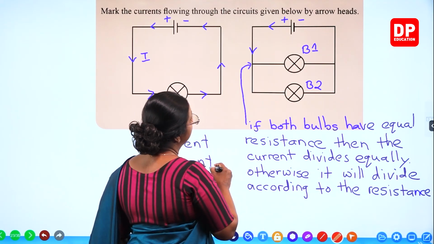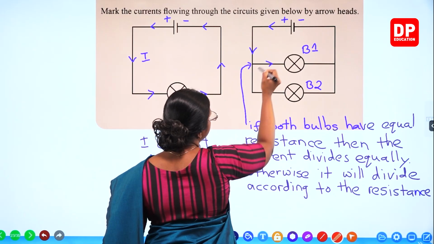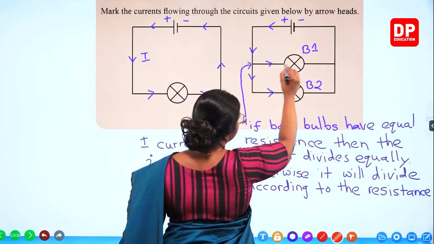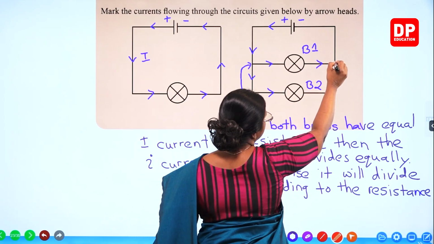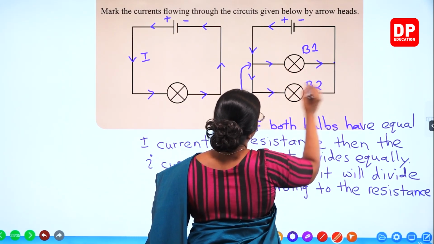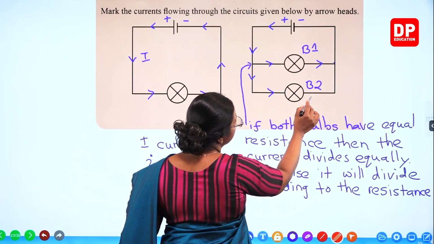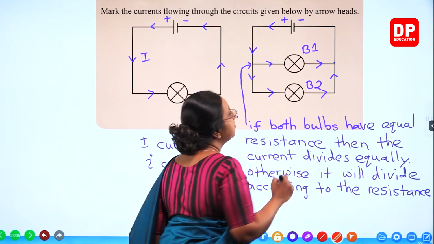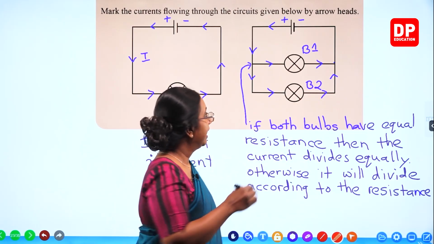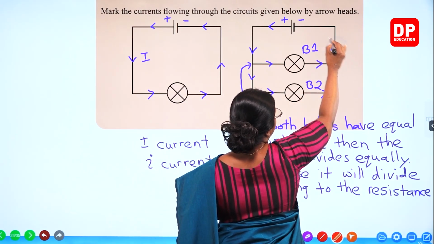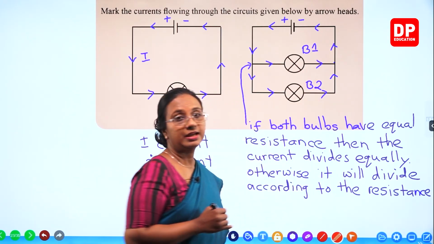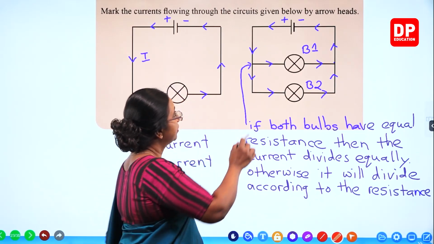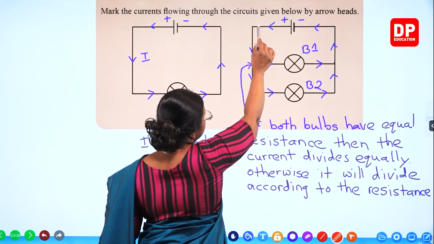So what will happen is current will divide this way and this way. The current flowing through this bulb will go here, and the current flowing through this goes through the other bulb, this way. They will again meet at that point. And finally, it will flow back to the negative terminal. Is that clear to you all? So it will start flowing from the positive terminal.